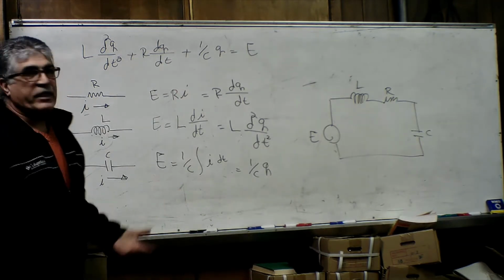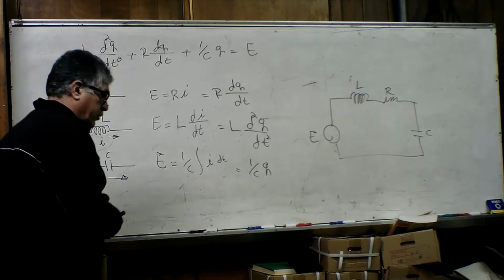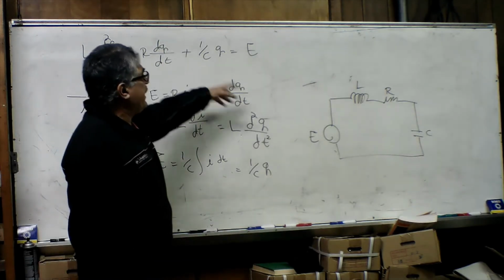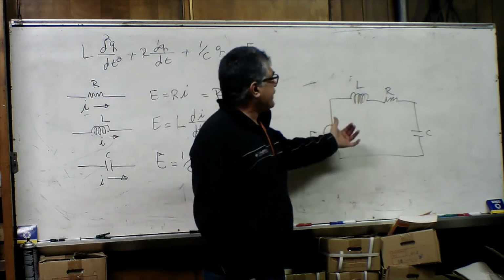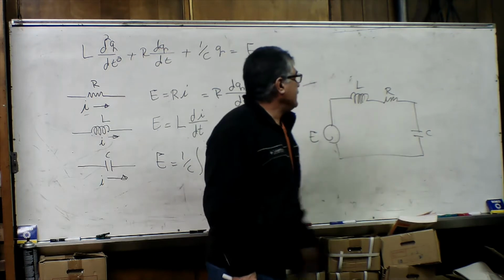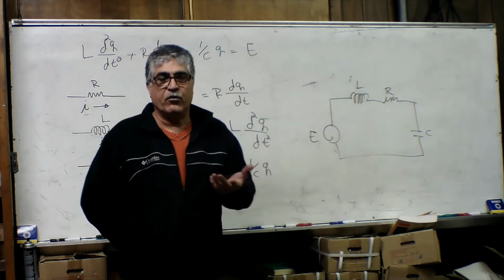Now, let's go ahead and solve a problem. These L, R, and C are the constants of the inductance, resistance, and capacitors. These are the values that the manufacturer will give you.